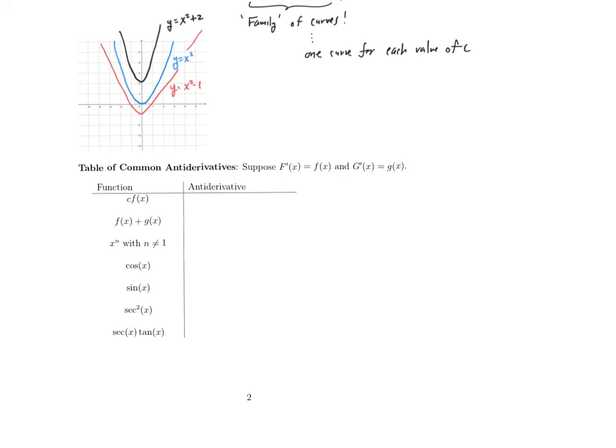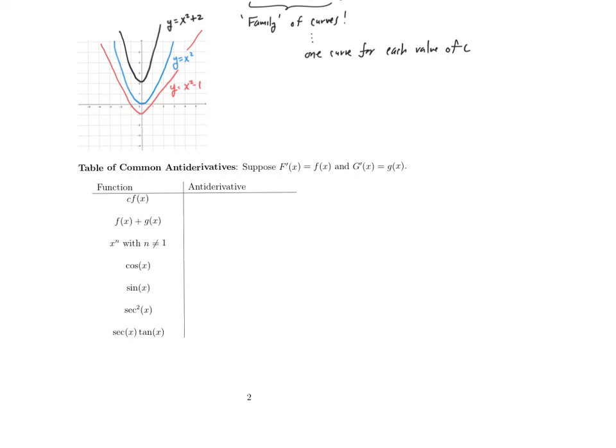So with that in mind, let me complete what we can think of as a table of common antiderivatives. And for this, we will let big F be an antiderivative of little f, and big G be an antiderivative of little g. So if we start off with a function in the left column, its antiderivative is going to be written in the right column.